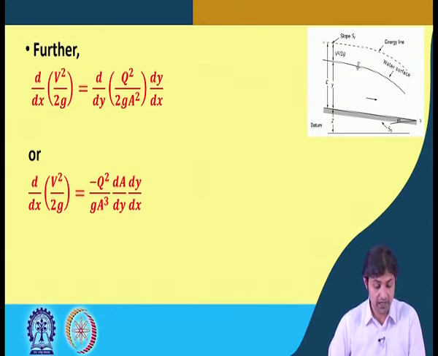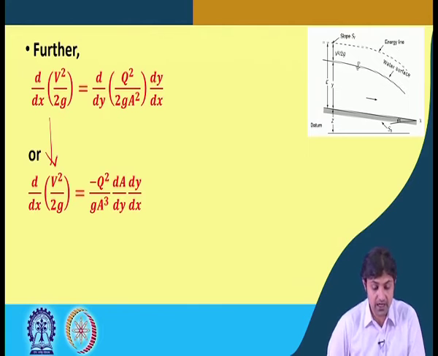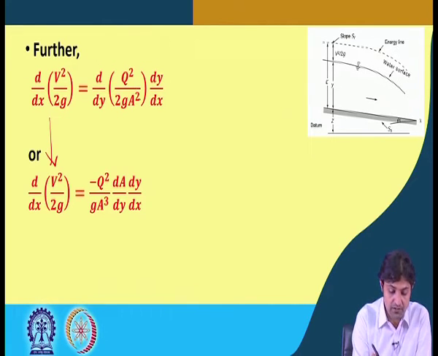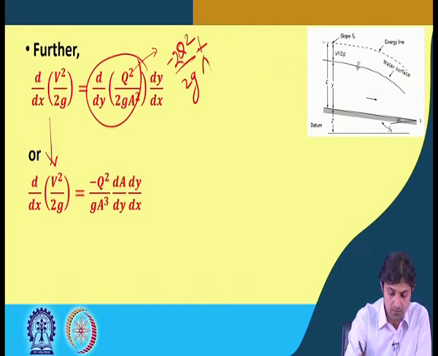Or we simply write d dx of v square by 2g, left hand side remains the same. Now, looking at the right hand side, Q square is constant, 2g is constant, so it comes out, but we differentiate A with respect to y. So, Q square by 2g will be there, and when 1 by A square is differentiated, it will become minus 2 by A cube, into dA by dy.